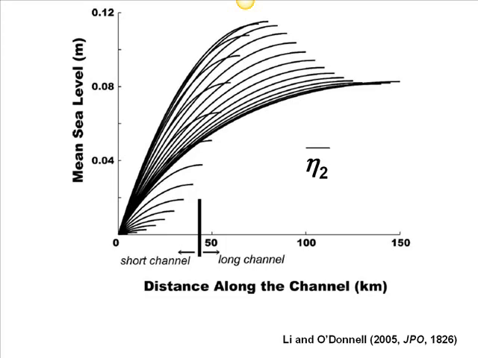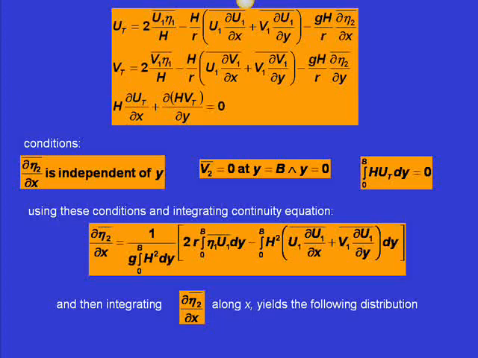But let me see if we go back here to these terms up here, these are the ones that produce the net flow for the tidal residual. So if d eta 2 dx is positive in the solution, so u2 should be negative.